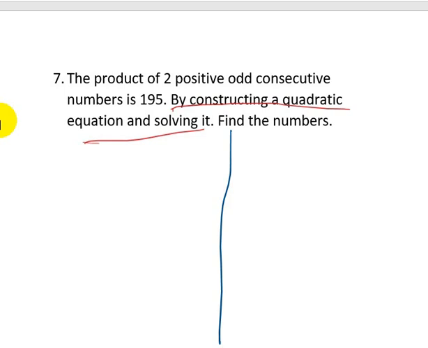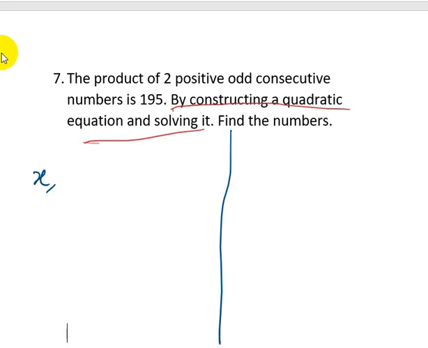okay? So now, what we are going to do is assume with a variable. If the first number is x, the second number will be what? Guess, let me hear. Okay, so you said x plus 2, right? Because all odd numbers have two intervals, right?